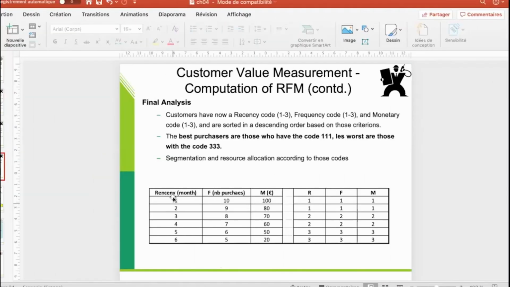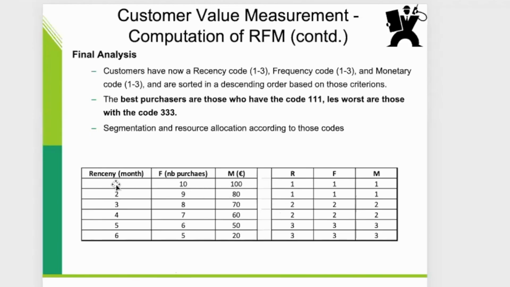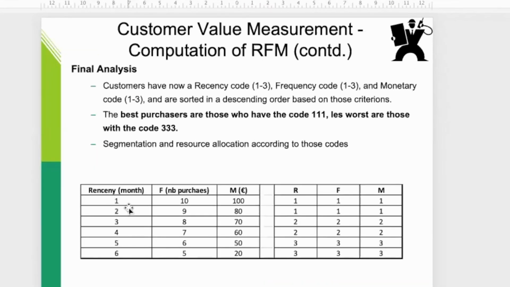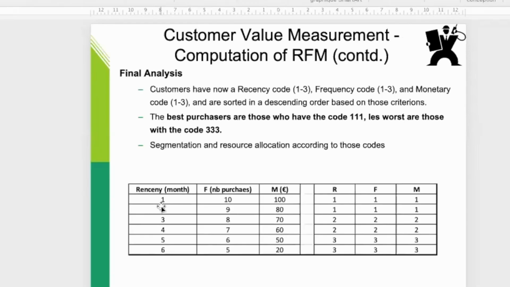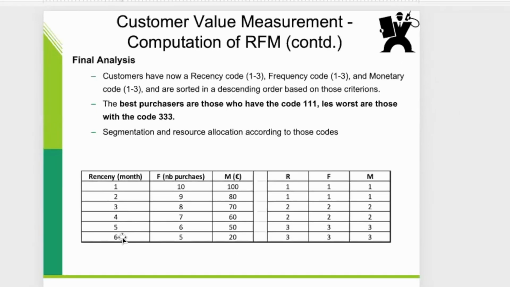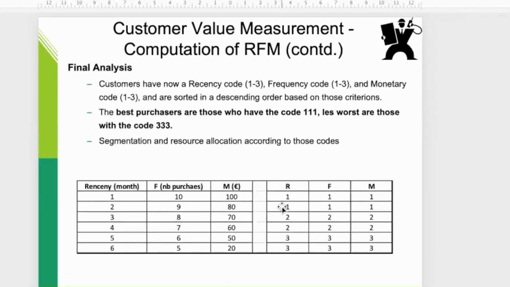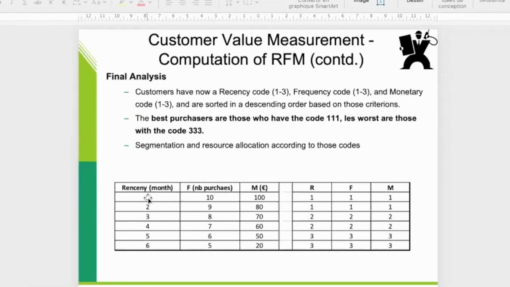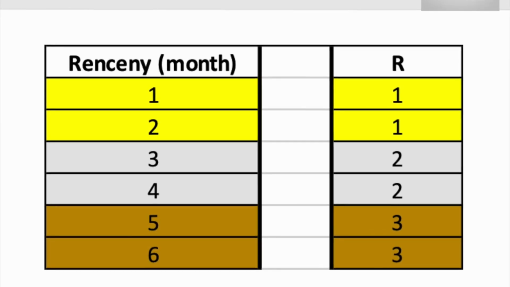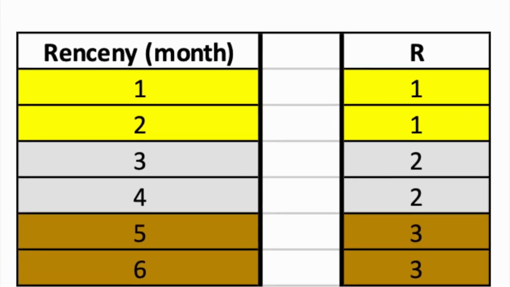I'll show you, look at this table. So I have a database with 3 types of variables, recency, frequency, and monetary amount. We have the first 2 customers who bought 1 and 2 months ago, 2 customers who bought 3 and 4 months ago, and another 2 customers who bought 5 and 6 months ago. You will sort them in ascending order. So the most recent customers are placed in the upper part, and the least recent customers are placed in the lower part.